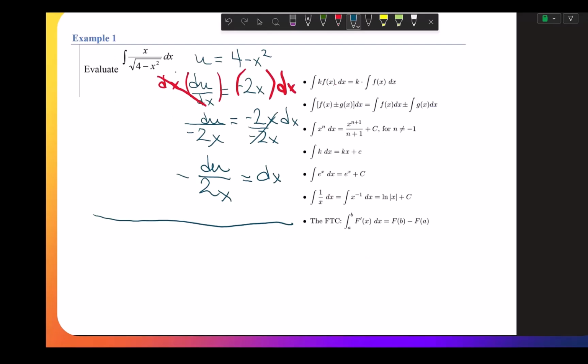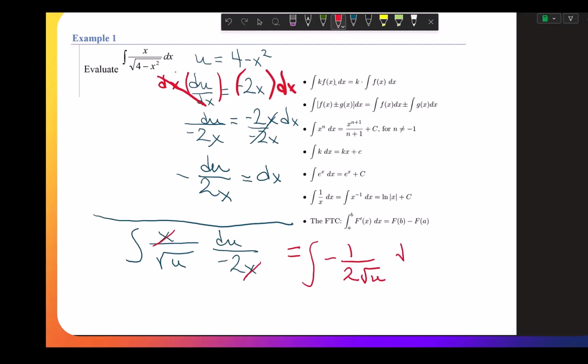I'm going to substitute. I have the integral of x divided by the square root of u. dx is equal to du divided by minus 2x. So the integral of negative 1 over 2 times the square root of u du.